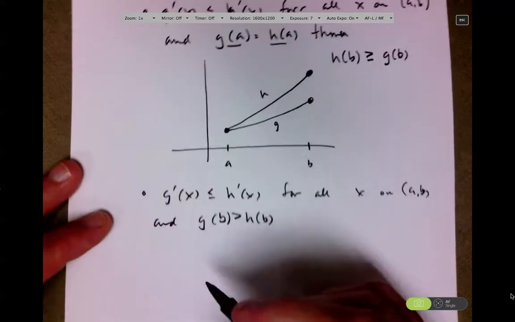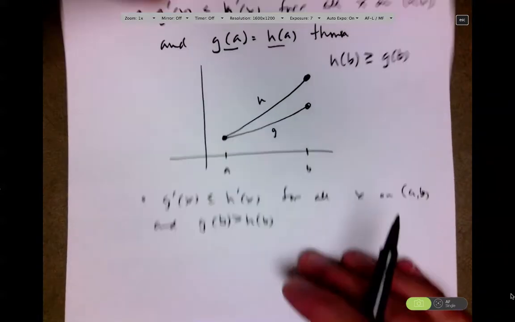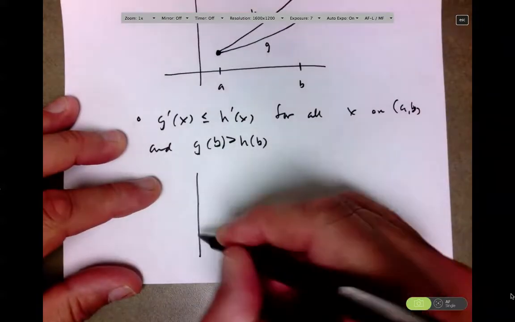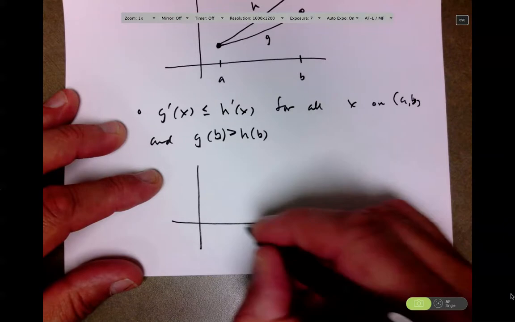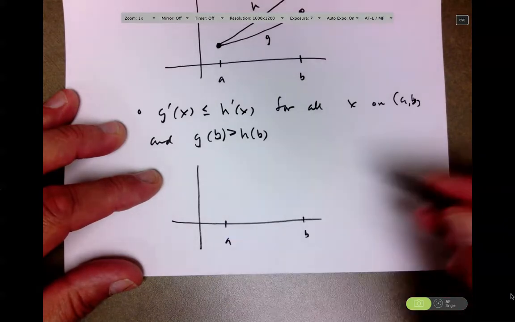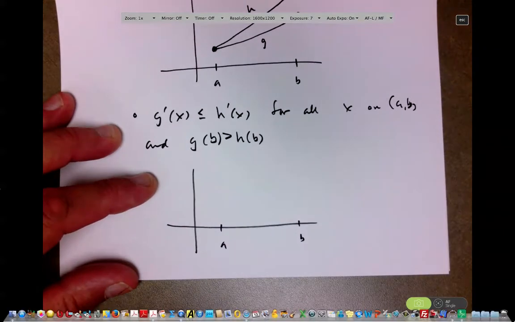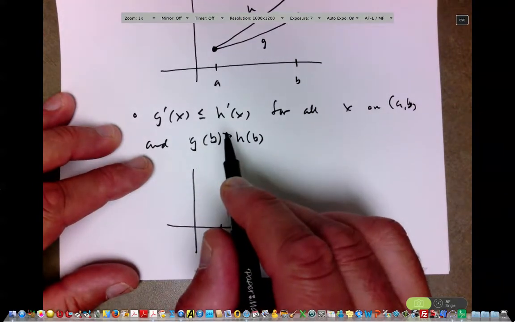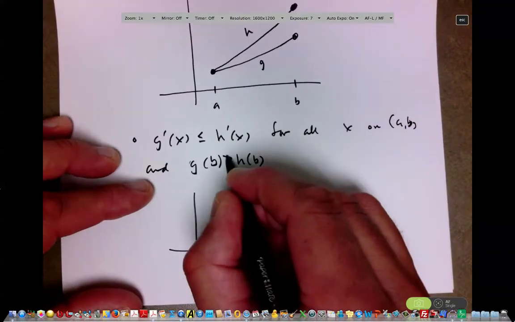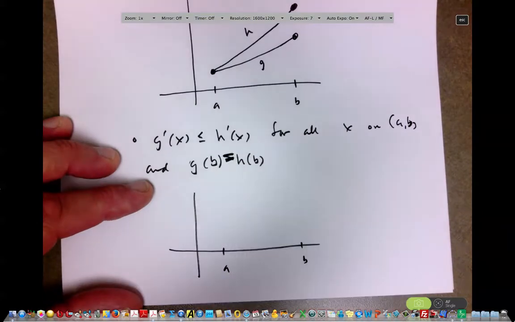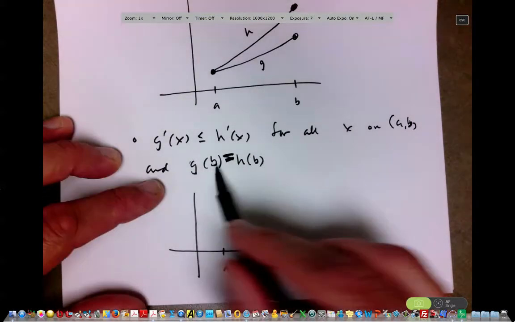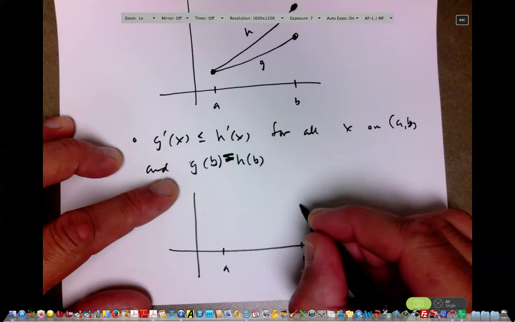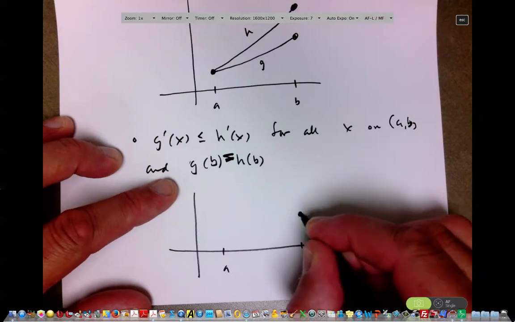All right, so now we've got kind of that same picture. These two functions are going from a to b, and now g of b is equal to h of b, so that tells me that they're going to end at the same point.